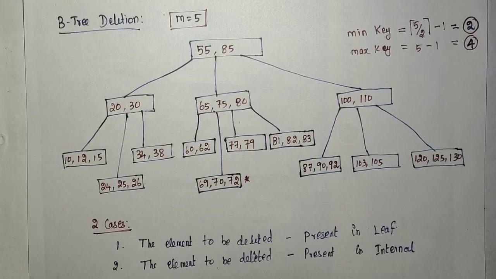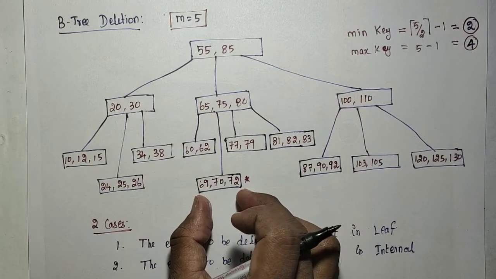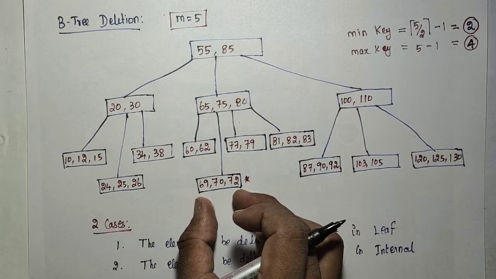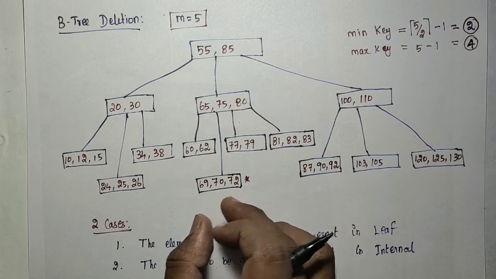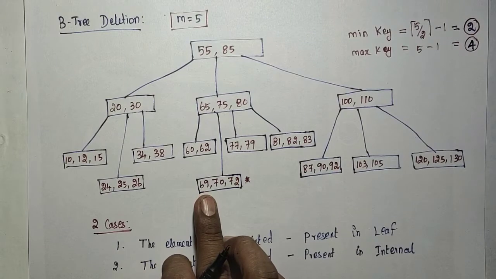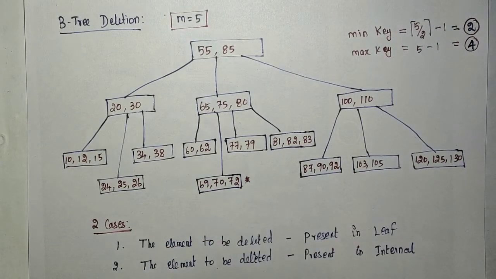Now we need to check whether sufficient elements are there in that leaf node. It means that after deleting 69, whether the node still has the minimum number of keys.